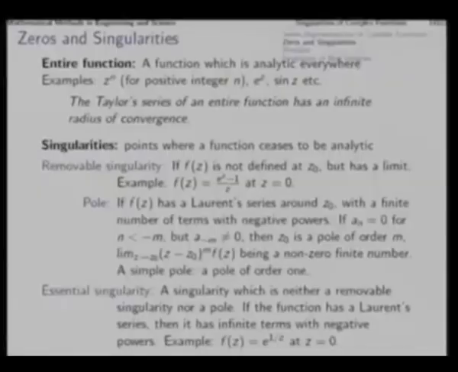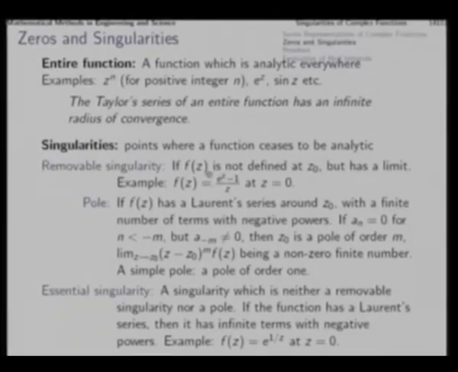For example, if the function f(z) is not defined at z0, but it has a limit, then you say that this singularity is removable. Consider this example: at z equal to 0 you have 1 minus 1, which is 0, so you get this 0 by 0 form.